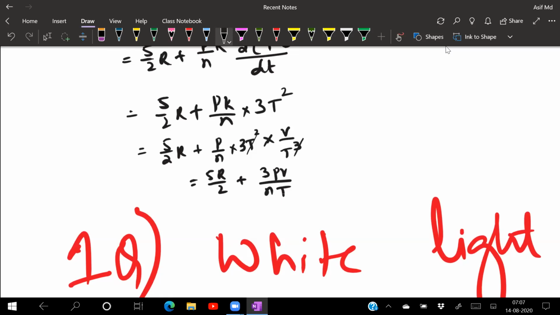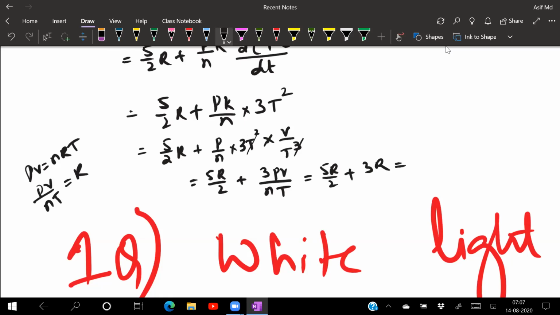Now see, PV by n into T can be written as, we can actually write PV as nRT. It means PV by nT can be written as R. So this is nothing but 3R.